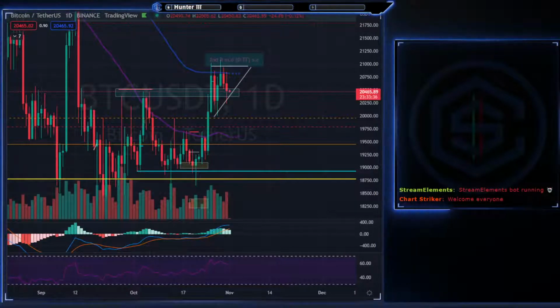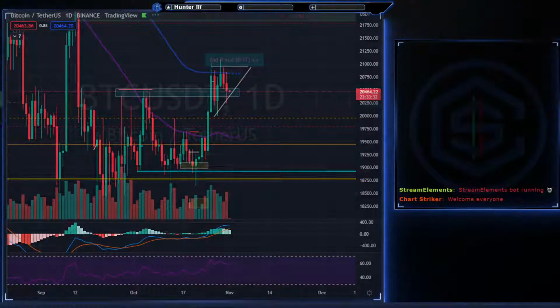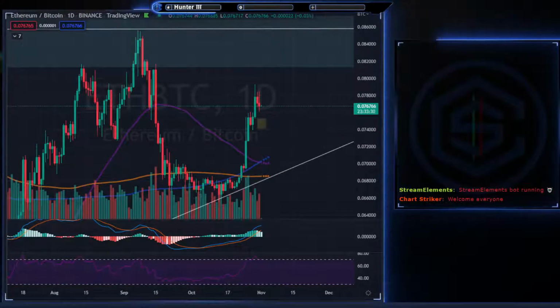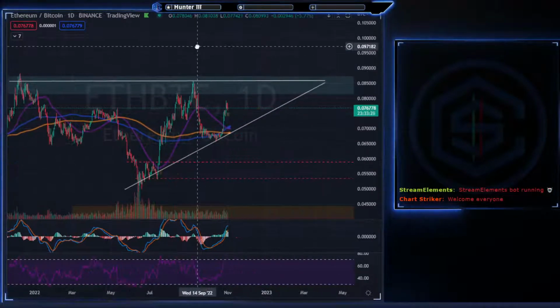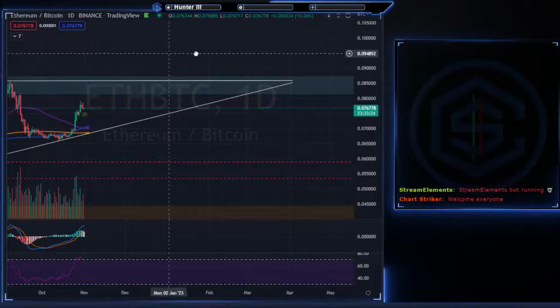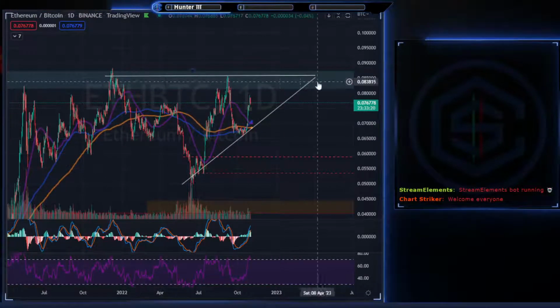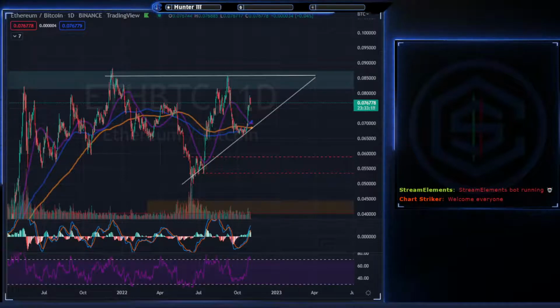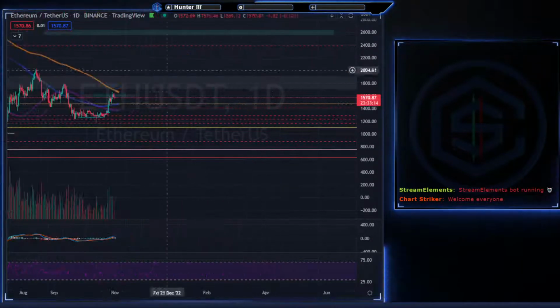If you guys watched the stream from yesterday, then you do know the ascending triangle we have on Ethereum Bitcoin as well, without getting too deep into it. Okay, this triangle right here. But now we're gonna discuss Ethereum USDT and what's going on there.